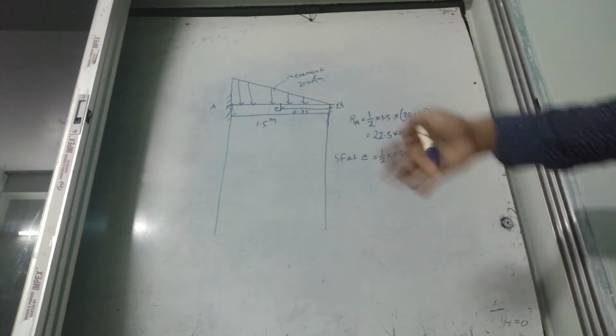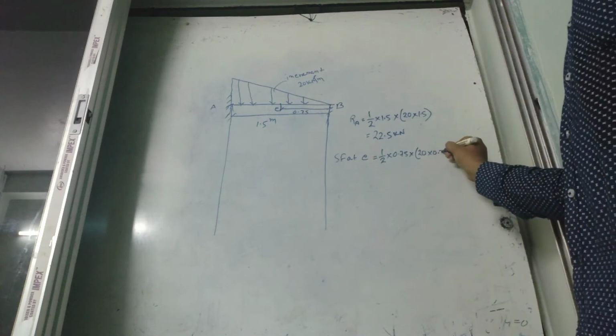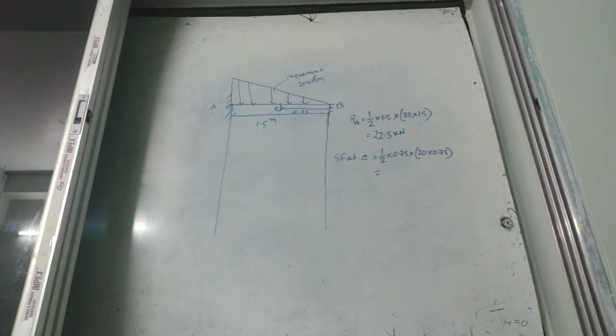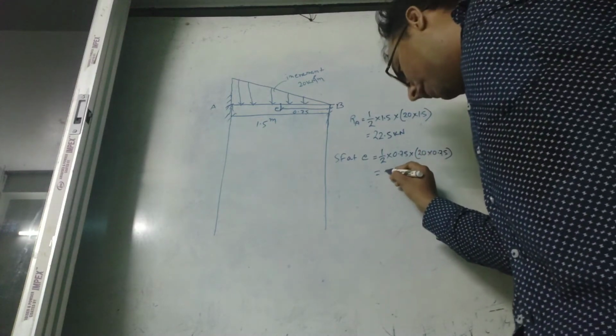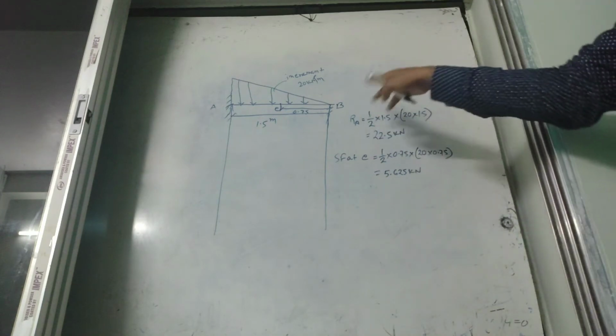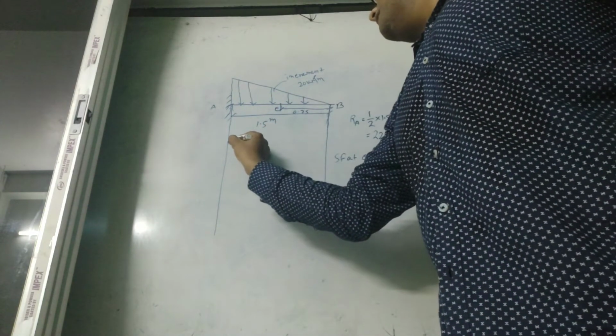It will multiply with 0.75, so we get 0.75 into 20 into 0.75 divided by 2, 5.625 kilonewton. So we get both the points.